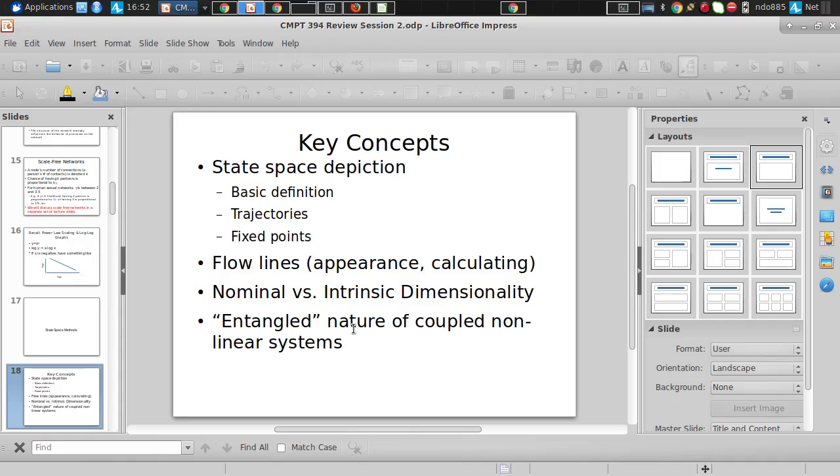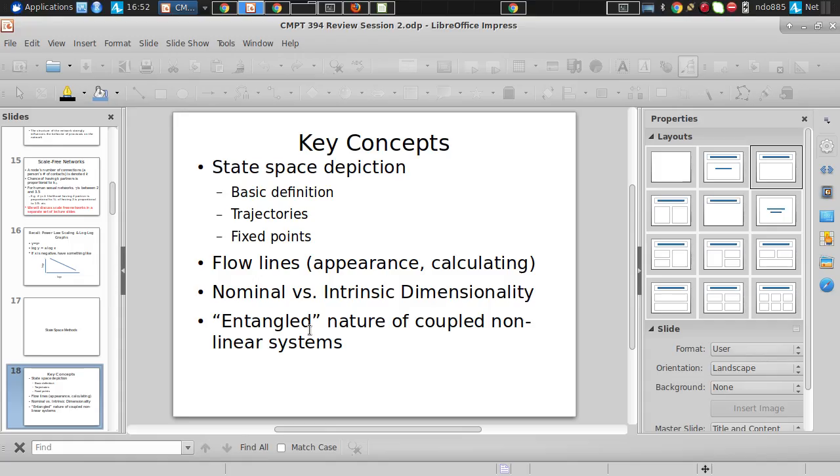Okay? Or information on the observations of the number of infected people could tell you about how many people are recovered and susceptible right now. So you get these kind of entangled systems where just a single observation over time from one part of the system can tell you about the entire system.